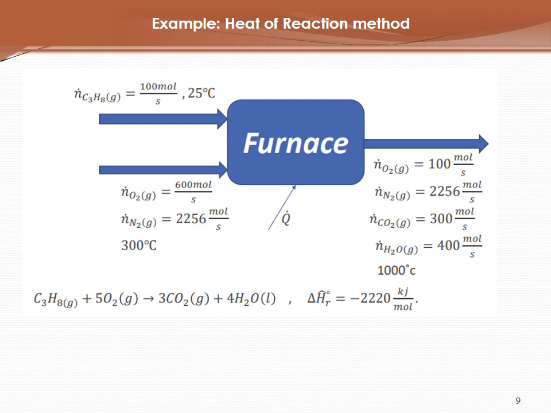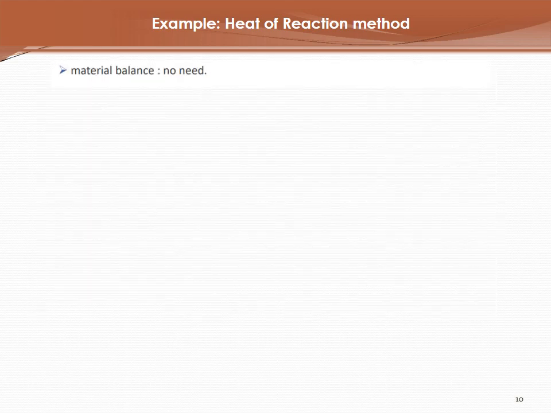In this particular problem, we don't have to do any material balance calculations because the numbers have already been provided. So all we need to do is the energy balance, using the heat of reaction method. There is no need to perform material balance calculations because the flow rates of the input and the output streams are specified in the problem itself.